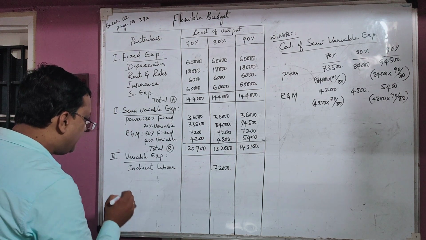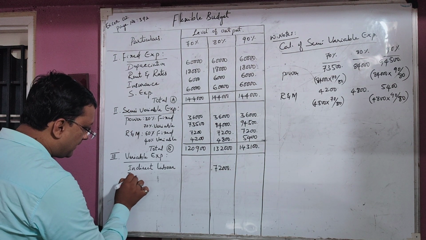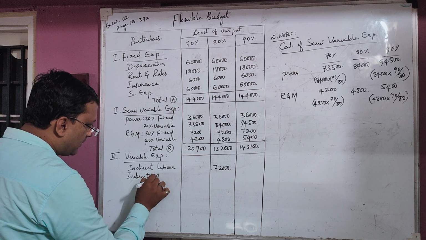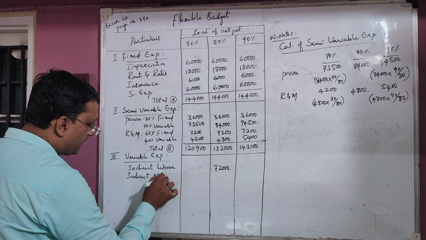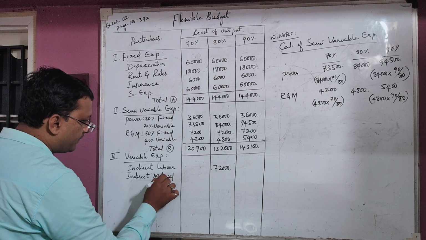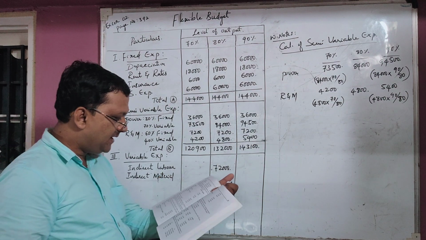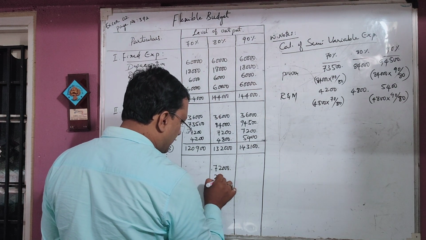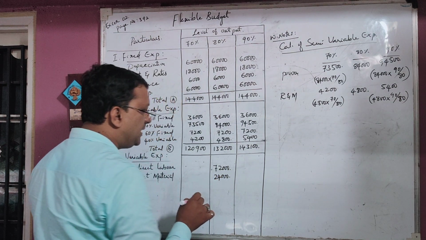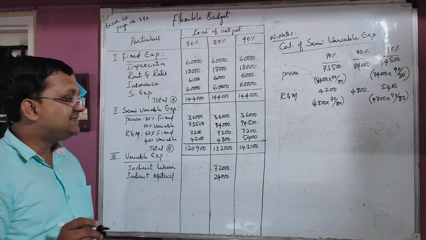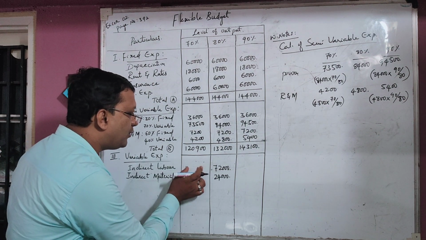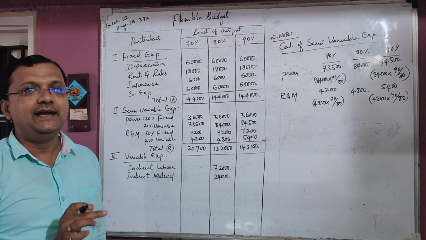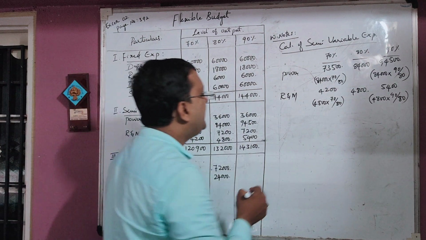Then indirect material is 24,000. This is for 80% capacity. We need to calculate with workings how much is for 70% and how much is for 90%. That much only. Come to working note number 2.